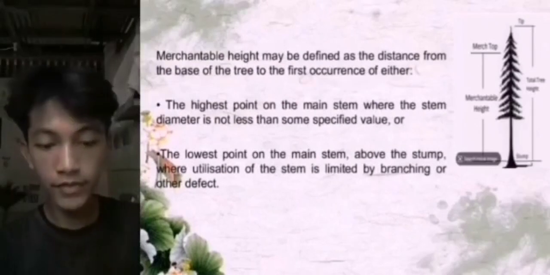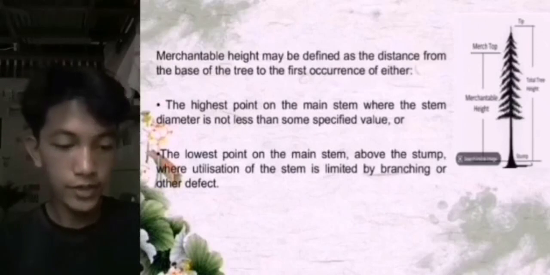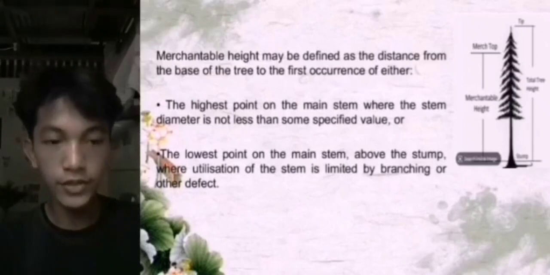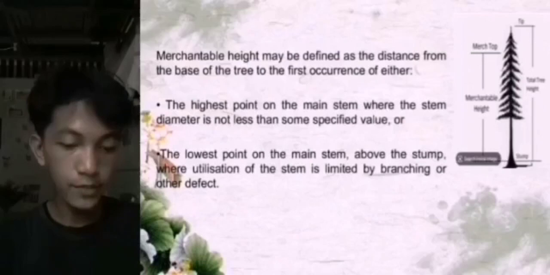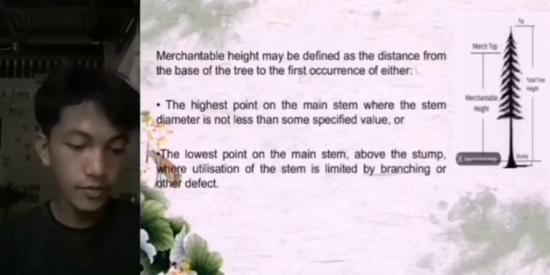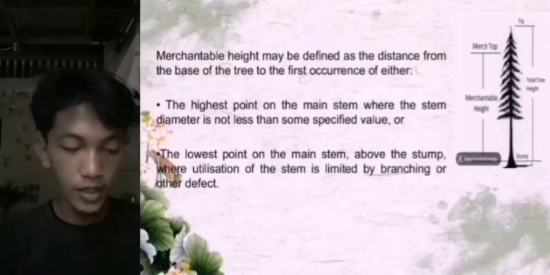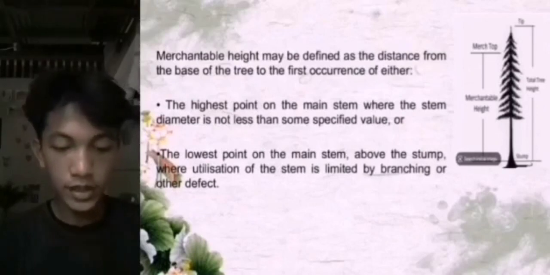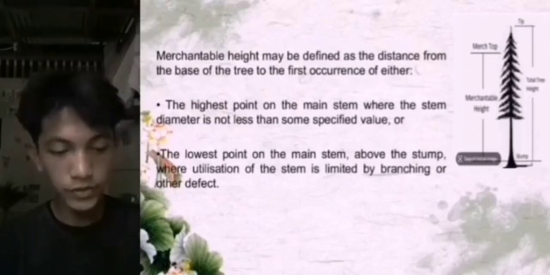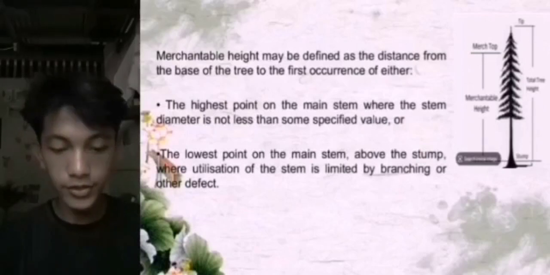Merchantable height may be defined as the distance from the base of the tree to the first occurrence of either the highest point on the main stem where the stem diameter is not less than some specified value, or the lowest point on the main stem above the stump where utilization of the stem is limited by branching or other defect.